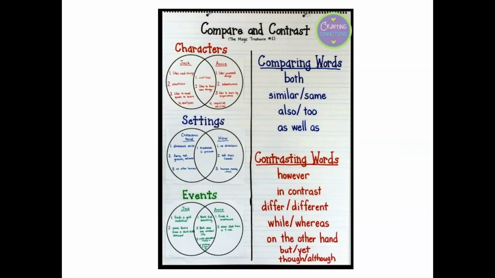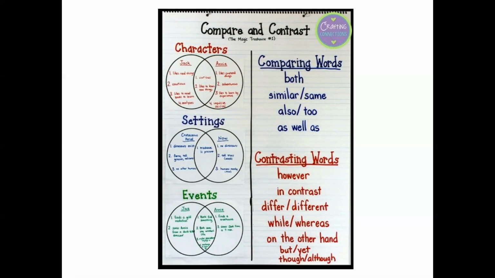When you're talking about comparing, you use words like both, similar or same, also, too, as well as. These are all indicators that we are comparing. We're showing how things are similar. So there are some examples showing how we can look at those comparisons in the form of a Venn diagram.